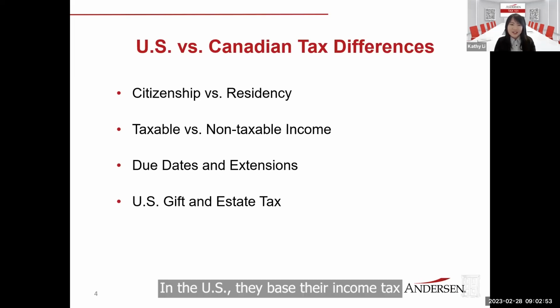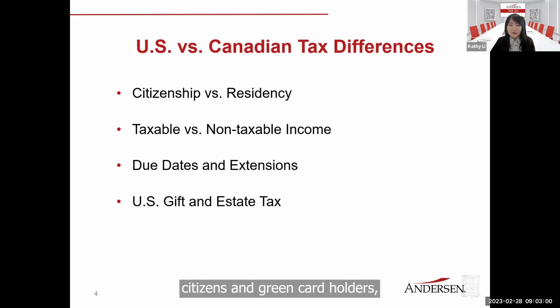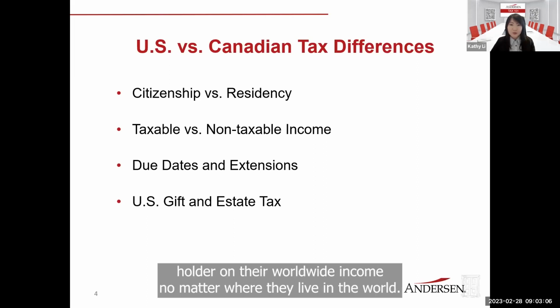In the US, they base their income tax on citizenship. And this includes both US citizens and green card holders, where they will tax a citizen or green card holder on their worldwide income, no matter where they live in the world.